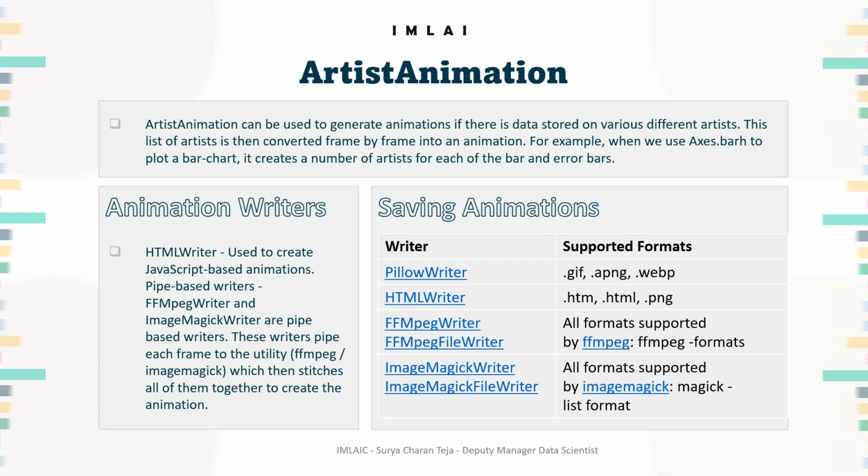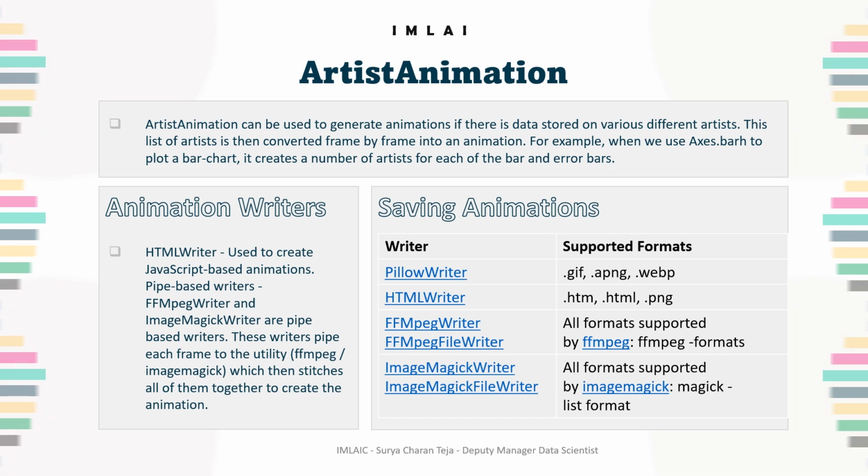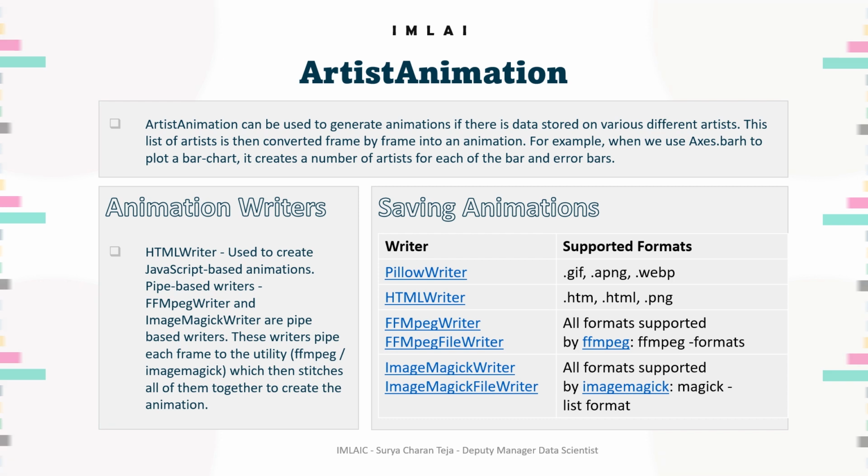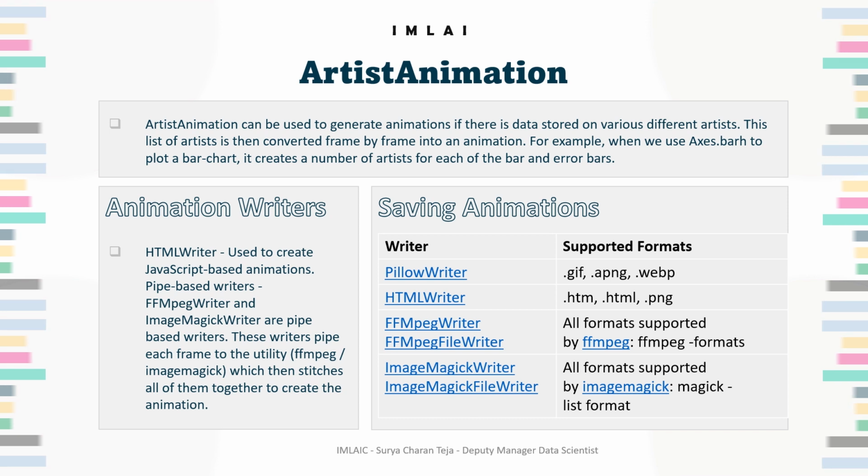To save animations using any of the writers, we can use the animation.save method. It takes the file name that we want to save the animation as and the writer, which is either a string or a writer object. It also takes an FPS argument. This argument is different from the interval argument that FuncAnimation or ArtistAnimation uses.